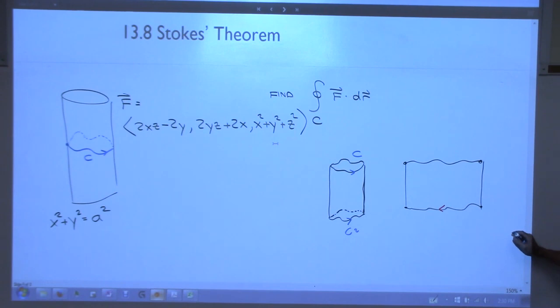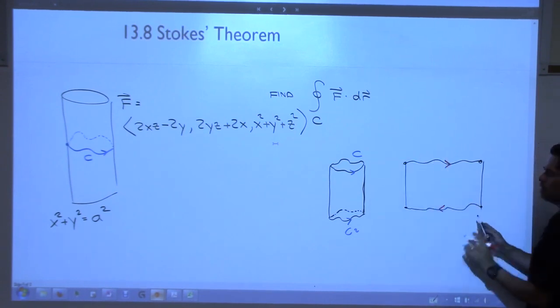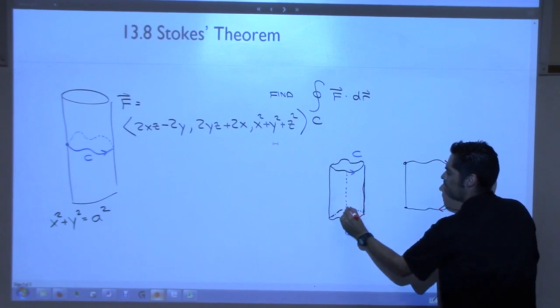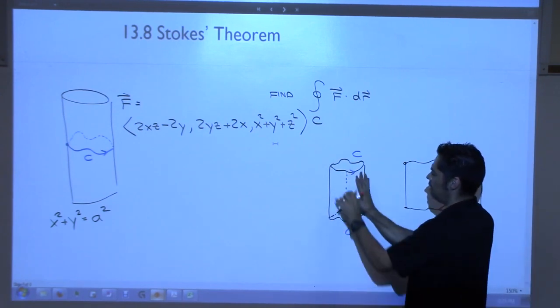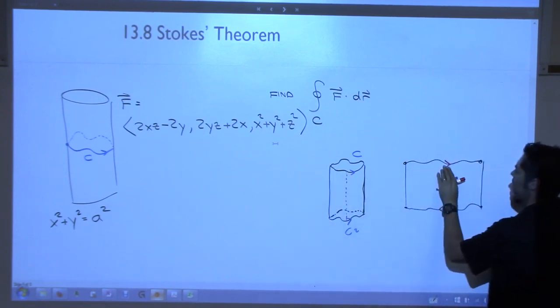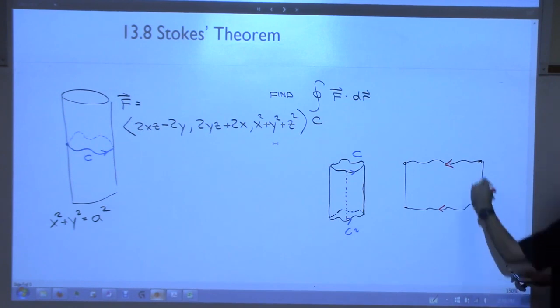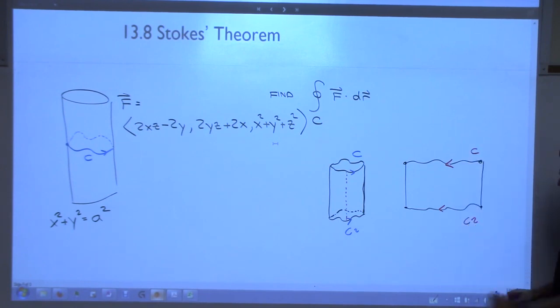Which direction is C1 in? Or C? Would it be this one? See, look, what I did is I cut it right here, and I just laid it open like this. Right? Hold on. This one is, yeah, this direction. C and C2. All right?